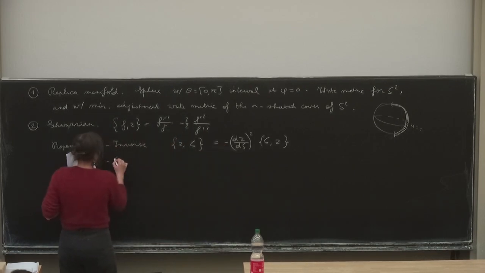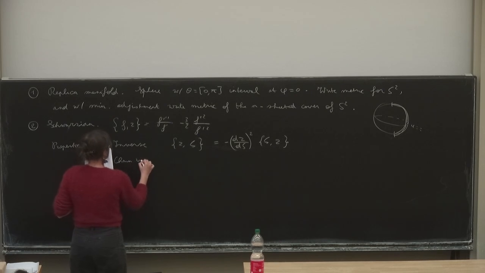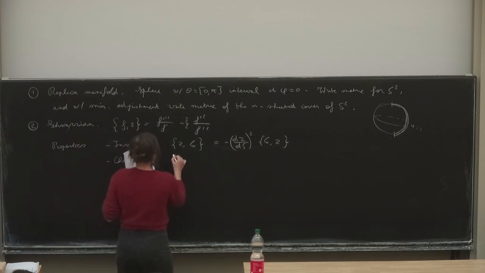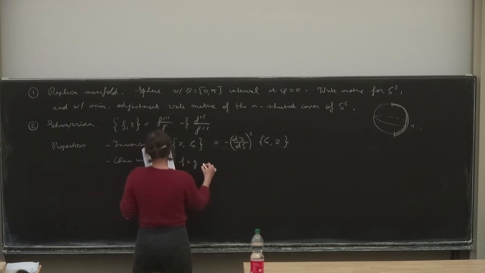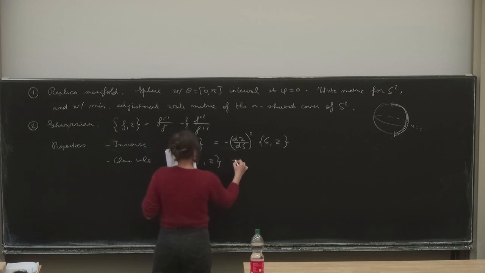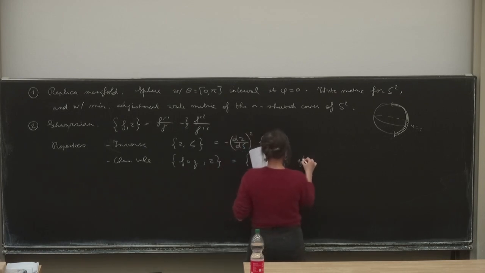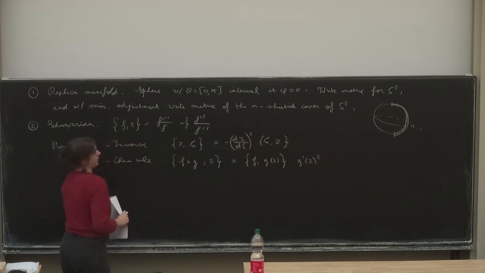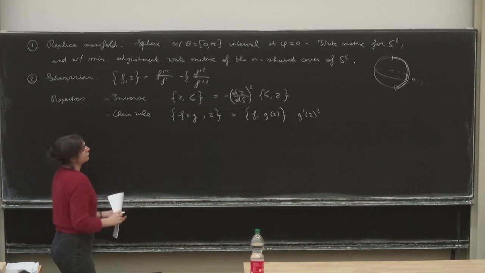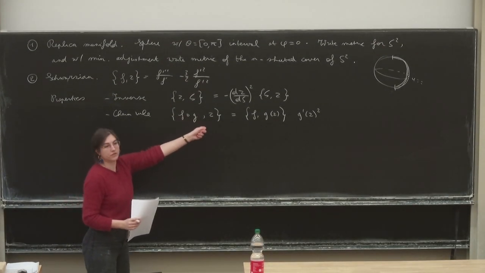And then a second property that is useful is the chain rule, for a function which is a function after a function.